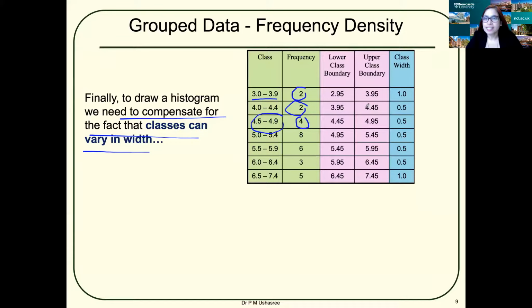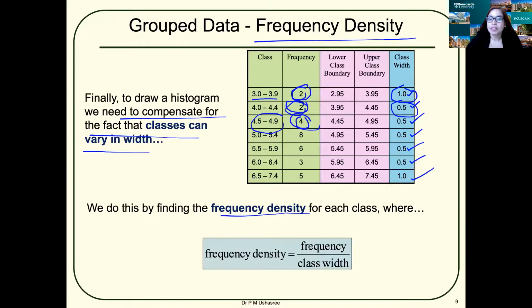So we have to compensate for this, and this is why we take into calculation the class width, which is different for all of us. We may draw a different grouped frequency table, so we'll have different class widths. To compensate for that, we take into account the frequency density. Frequency density is frequency divided by class width.